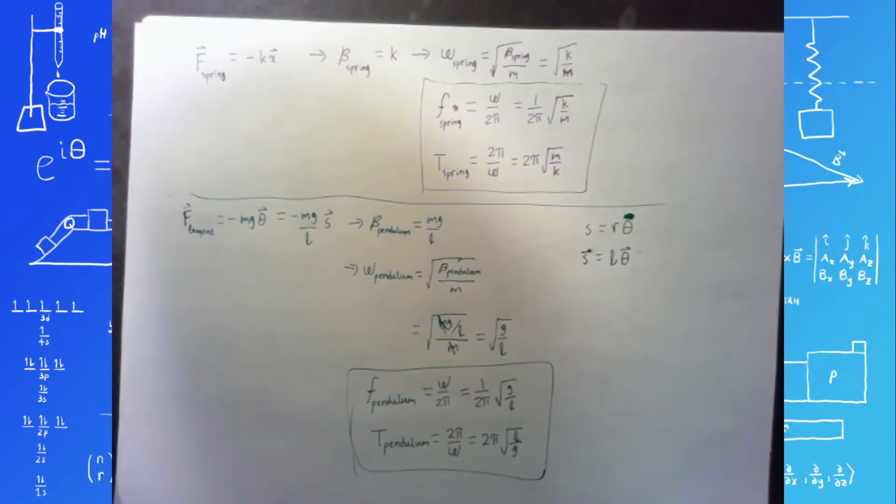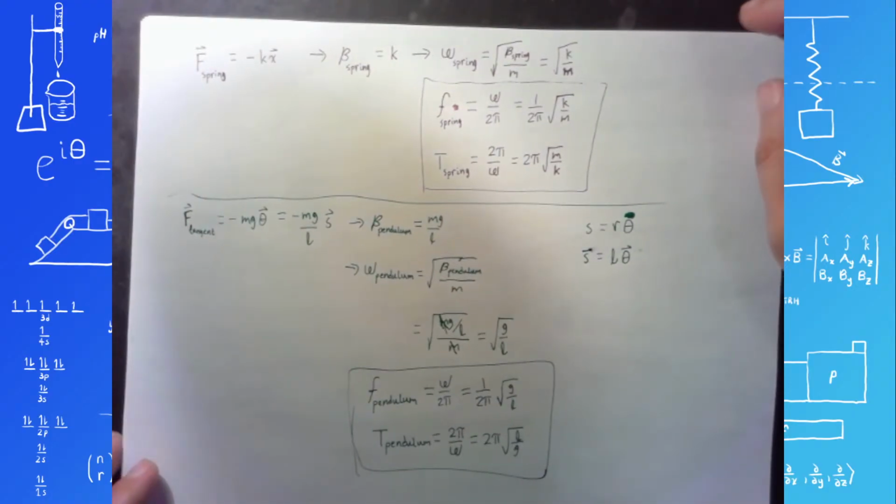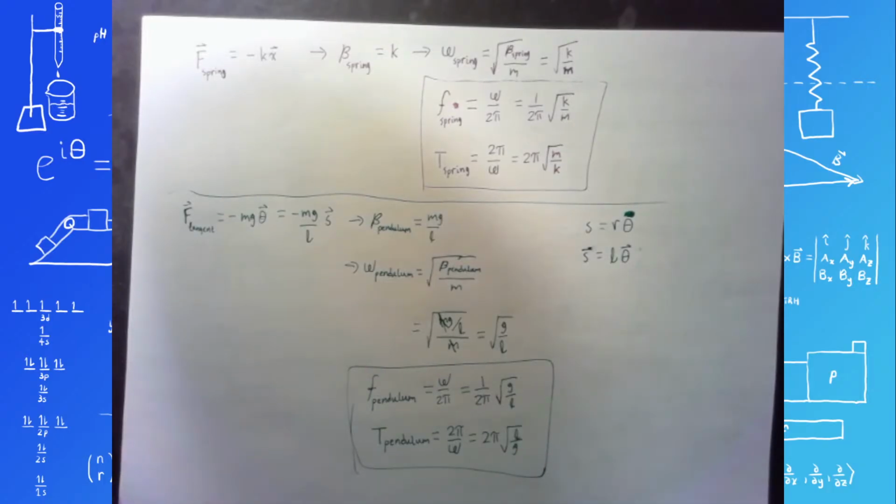Plus period tends to be asked for more often than frequency, at least in my experience. I could be wrong. I might just be remembering problems asking for period more vividly than the ones asking for frequency. It might just be a cognitive illusion of mine. But period feels like it tends to be more relevant.